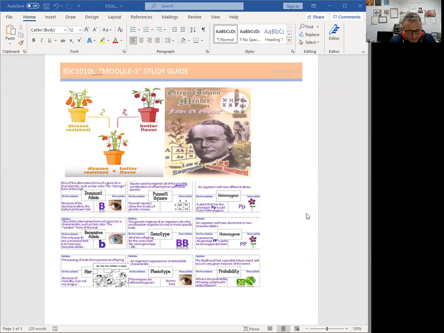Genotype is the genetic makeup of an organism. Phenotype is the physical features of an organism. Phenotype is a combination of genotype times environment, another factor that affects phenotype, which could be nutrition, temperature, or the physical environment the organism lives in.